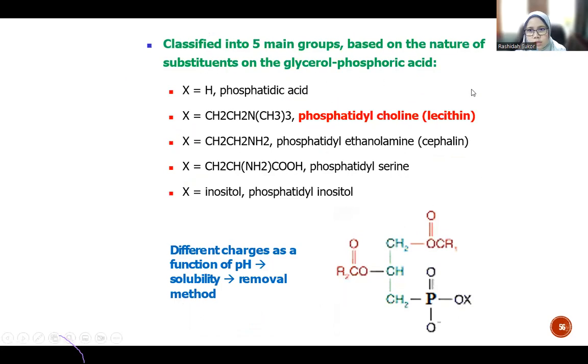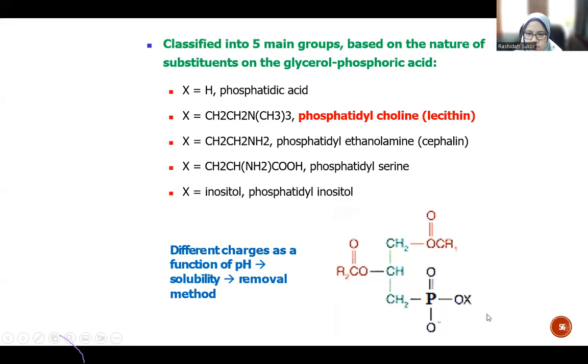Okay, it is classified into 5 main groups based on the nature of the substituent on the glycerol. This is the structure. If X is an H, this is the name. So you just substitute the X here, and it becomes a different name: phosphatidylcholine, phosphatidylethylene.